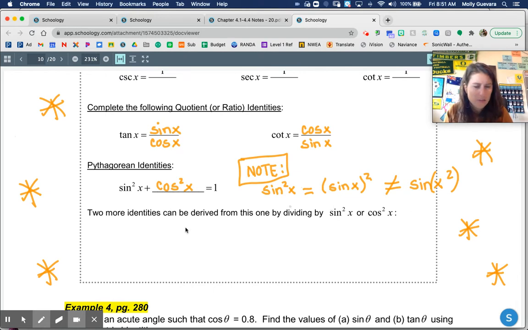And there's more identities that can come from this. So if I have my Pythagorean identity, sine squared of x plus cosine squared of x equals 1, it says I can derive these by dividing by sine squared. So I'm going to divide every single term here by sine squared.